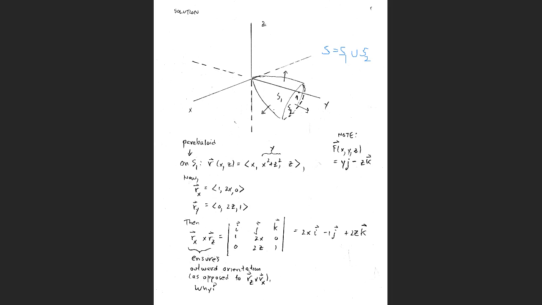The first surface is the paraboloid, and it goes out to y equals 1, and the second surface is this disk located at y equals 1. Let me give you a moment to copy the picture down. Let me know if you have any questions.